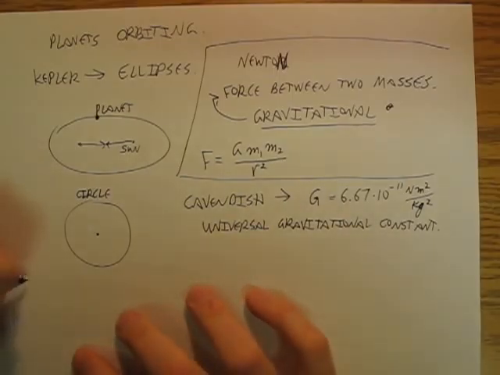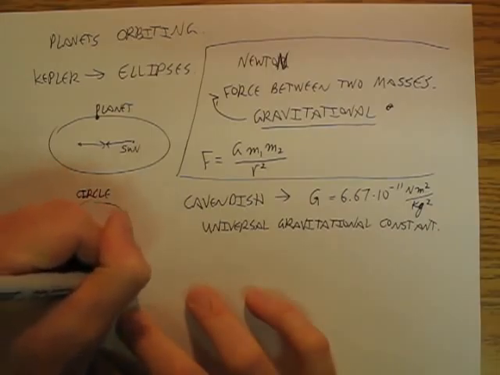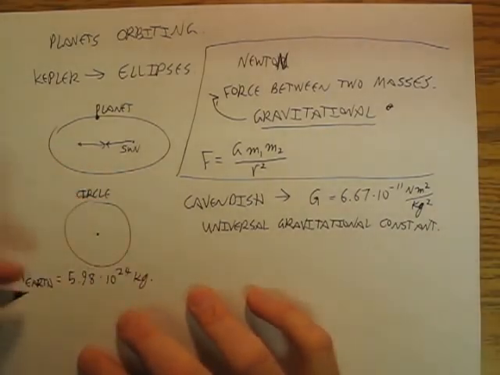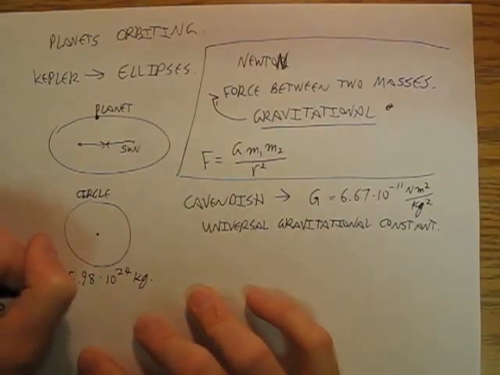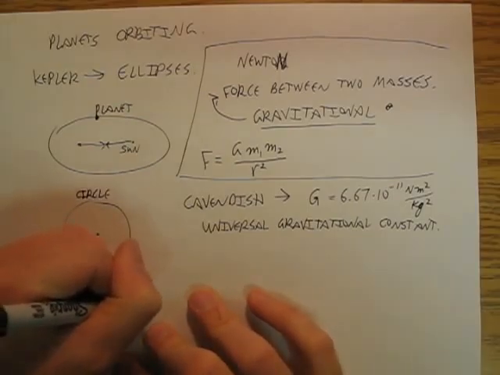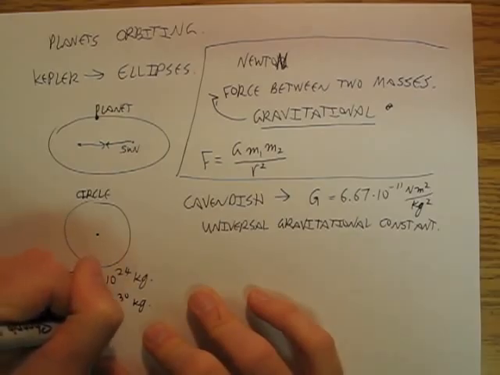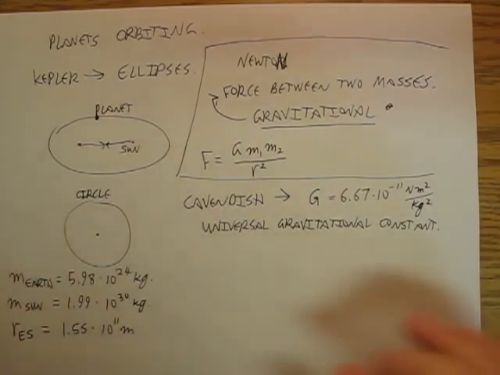The mass of Earth is going to be 5.98 times 10 to the 24th kilograms. The mass of the Sun is going to be 1.99 times 10 to the 30th kilograms, and the radius between the Earth and the Sun is going to be 1.55 times 10 to the 11th meters.